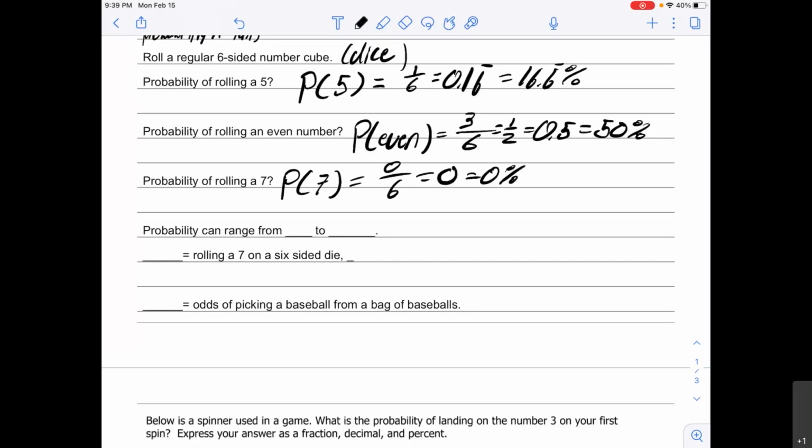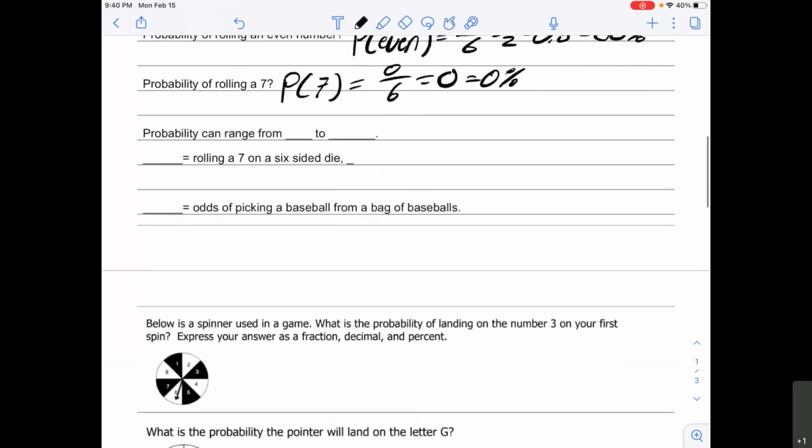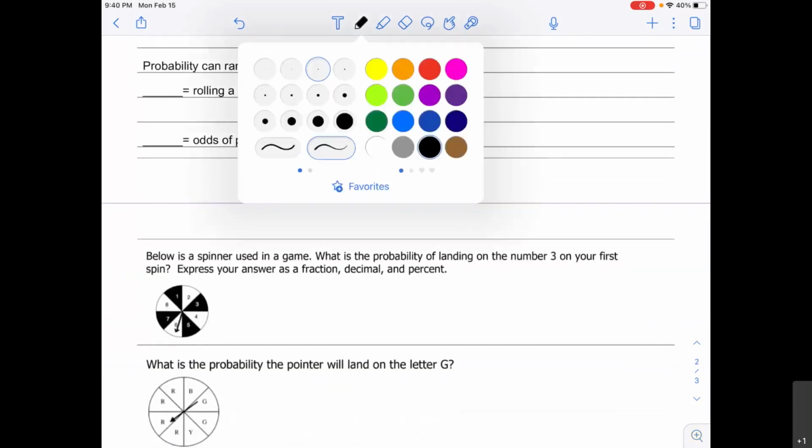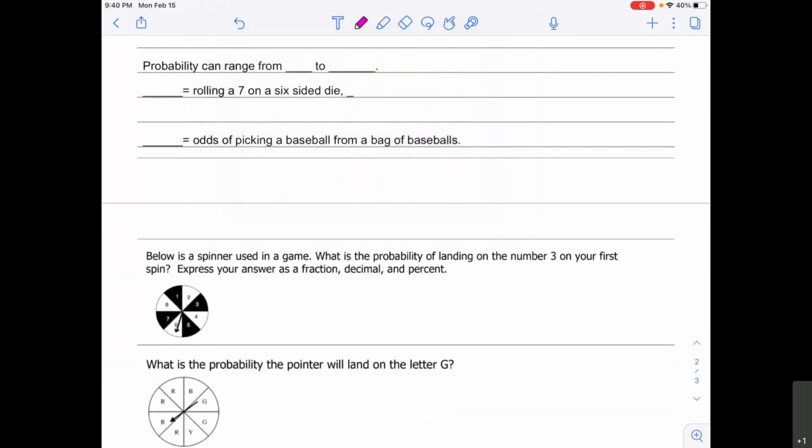There's no way for me to take a regular die that's numbered 1, 2, 3, 4, 5, 6 and roll a 7. So probability in general can range from 0 to 1 or 100%.